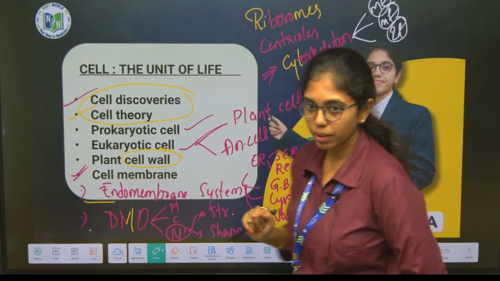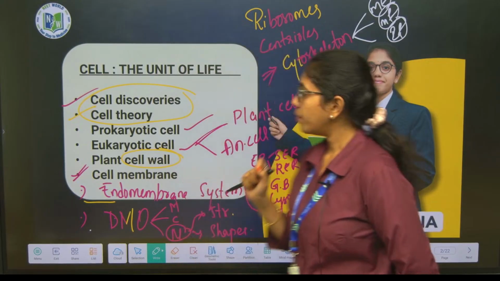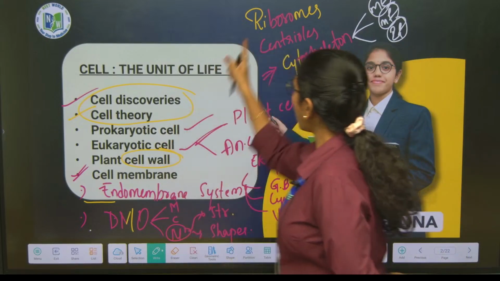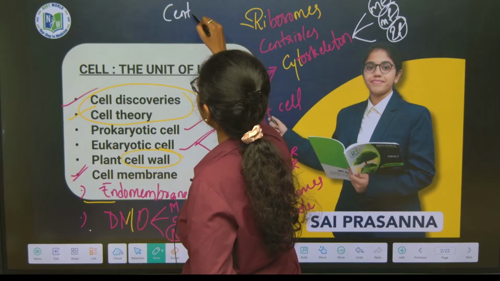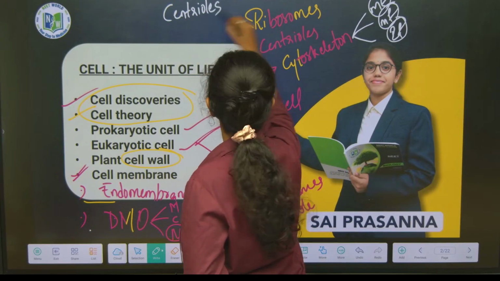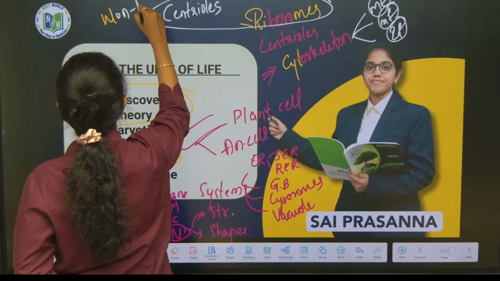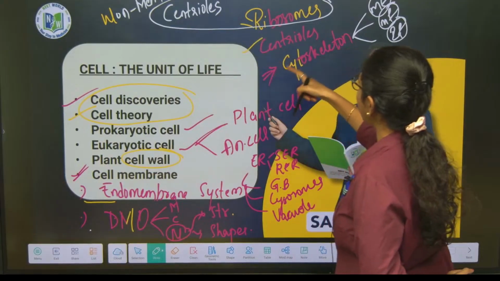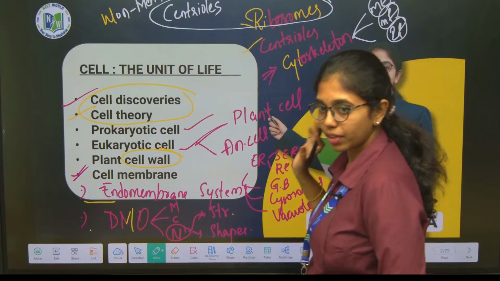These 3 things we will be learning. And after this cytoskeleton, we will also look into cilia and flagella, centrioles. Non-membrane bound organelles, ribosomes and centrioles. These are 2 non-membrane bound organelles we will be seeing. Cytoskeleton includes microtubules, microfilaments, and intermediary filaments.